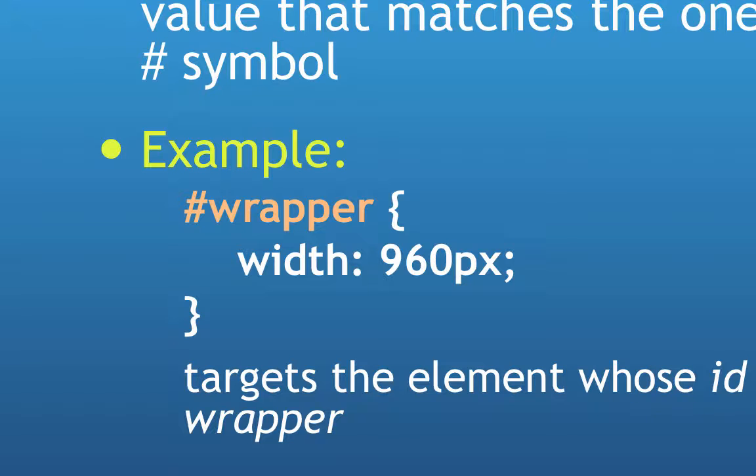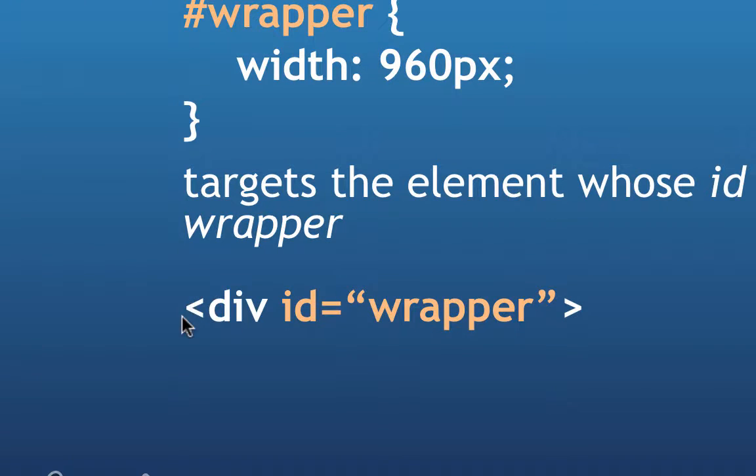And similar again to the class style, you can create the name of this and it can be applied to any number of things, but it is usually used once and only once on your web page. It is indicated in your code on the HTML page by the HTML selector saying that it's an ID style equals and then just the name of what it is. So the wrapper and the wrapper.